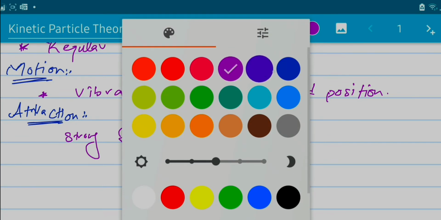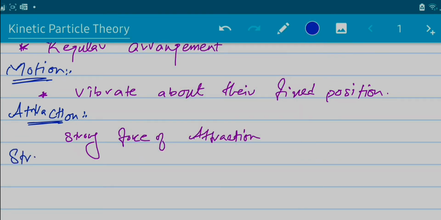Moving on, the structure that defines that it is a solid has certain properties. First, they have a fixed shape, as they cannot move freely, hence they vibrate.